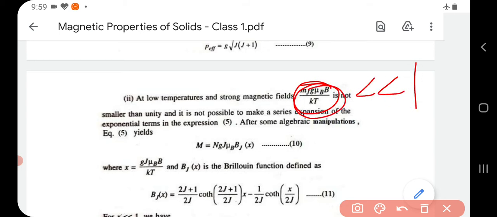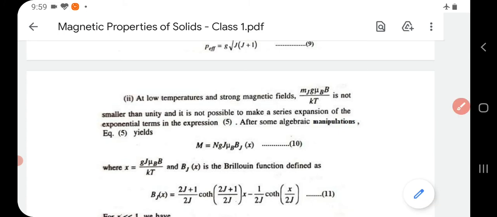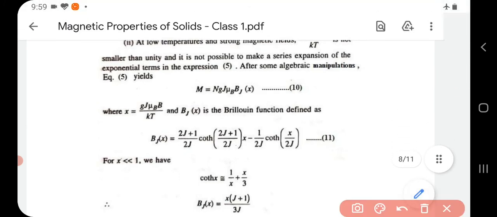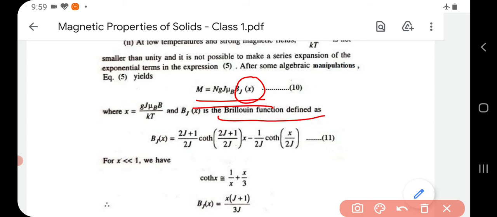Now in the second case, this one is not smaller than unity. So your equation 5 will now reduce to a new form. Study this one. M is equal to n g j mu B, and a new one comes, that is B_J(x). It is nothing but the Brillouin function. Okay, and the x that is written here is g j mu B B by kT.